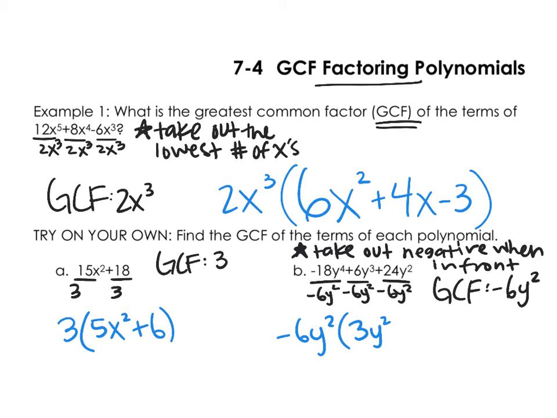Okay, then we have positive 6 divided by a negative 6, so that's going to leave me with a negative 1, which I don't really need to write the 1, because y to the third divided by y squared is going to leave me with a y, or y to the first, which I also don't have to write the 1. And then I have a positive 24 divided by a negative 6, which is going to leave me with negative 4. And y squared divided by y squared is going to cancel. I don't have any y's left, so I'm done.